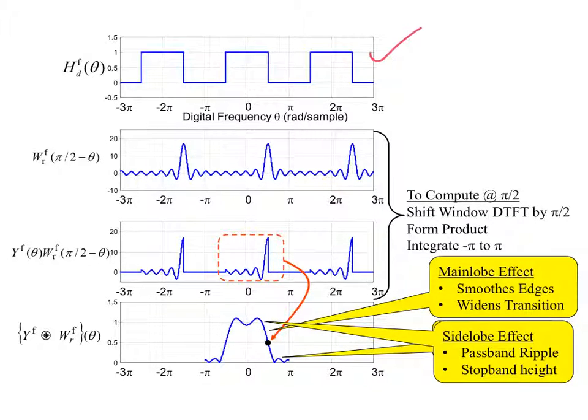Suppose this is our desired frequency response, a nice ideal low-pass filter, and we want to see what we get at pi over 2. We take our window DTFT and shift it by pi over 2, so now this main lobe is centered right there. Our cutoff frequency is pi over 2, that's our design cutoff frequency. The product of these two things gives us something like that, and then we integrate that and we get this number.